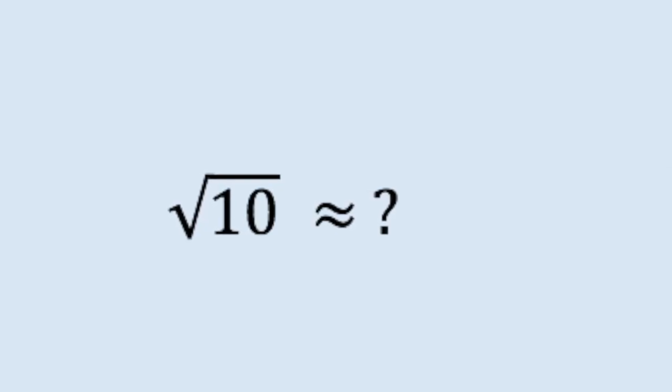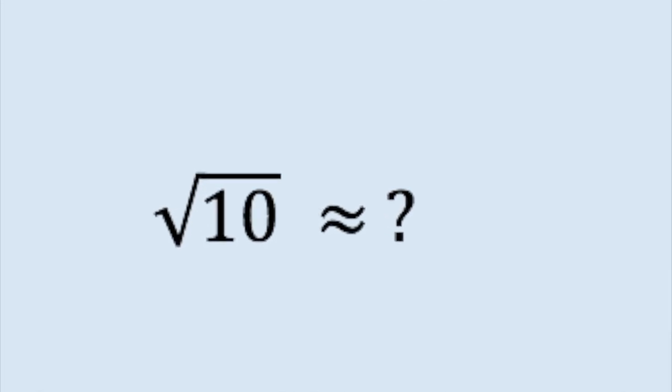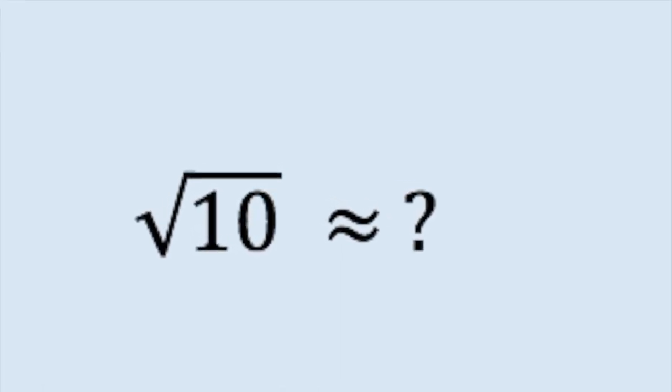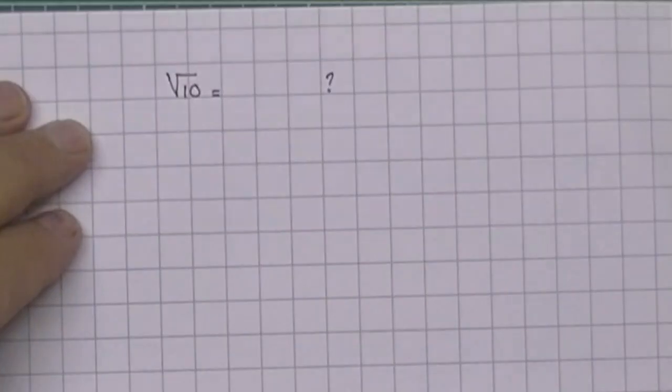How can we find the approximate value of an irrational number without the use of a calculator? I like to show this by way of an example. Let's take square root of 10 and try to calculate its value to at least 3 decimal places. First, I look at the perfect squares that are approximately 10 and use this information to interpolate. That means to guess the value between the known values.